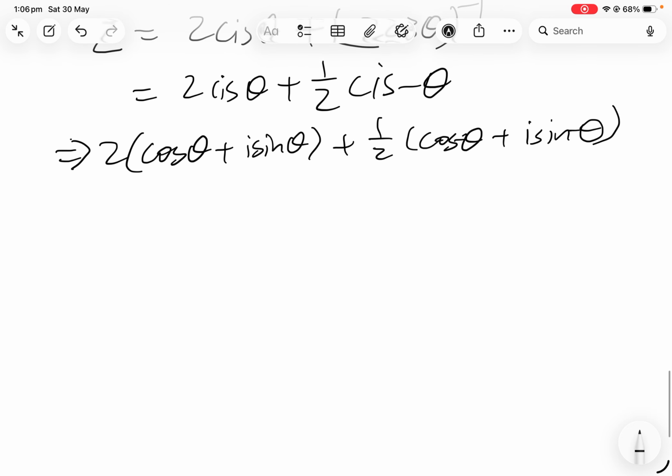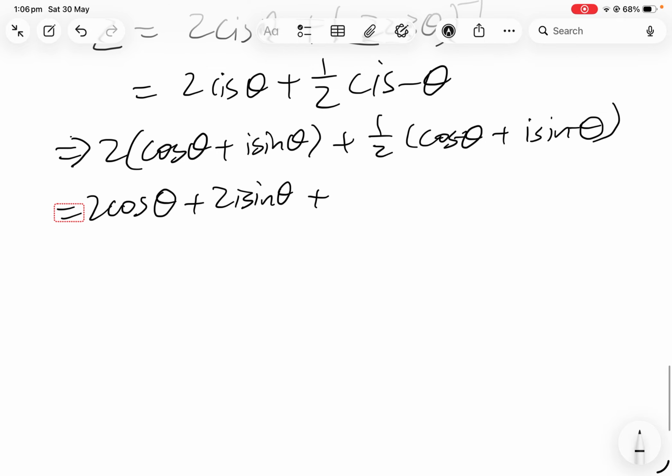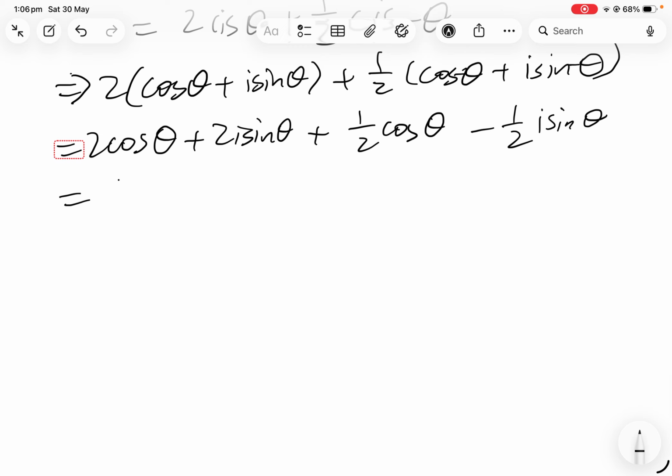And that basically equals 2 cos theta plus 2i sin theta plus, because cos negative theta is just cos theta, a half cos theta. But the negative theta for sine is just negative sine, so it'll be negative a half i sin theta. Then we can combine them. This becomes 5 over 2 cos theta plus 3 over 2 i sin theta. That's it for that question, I think.